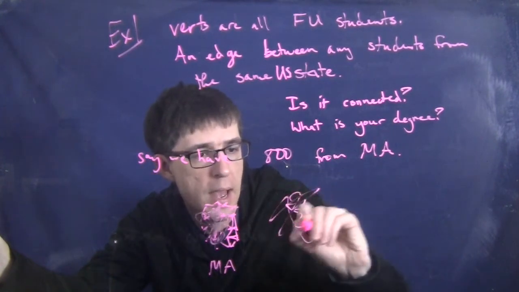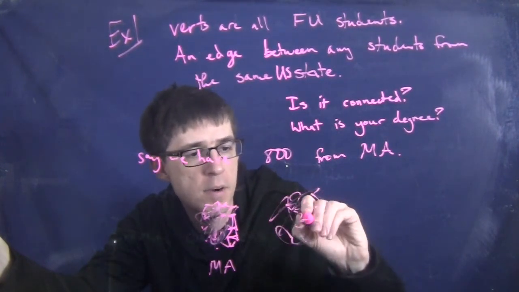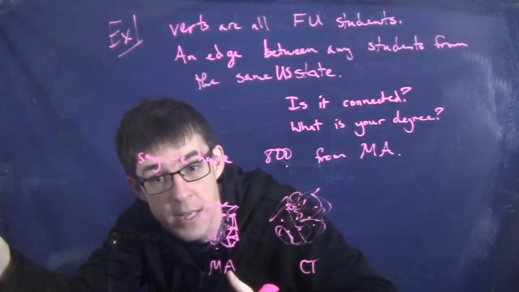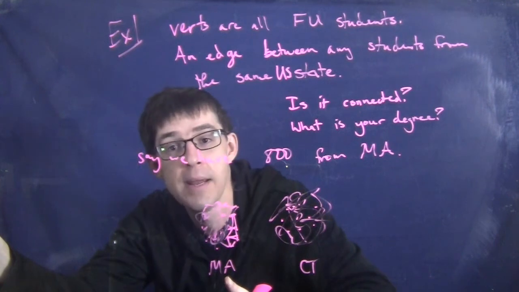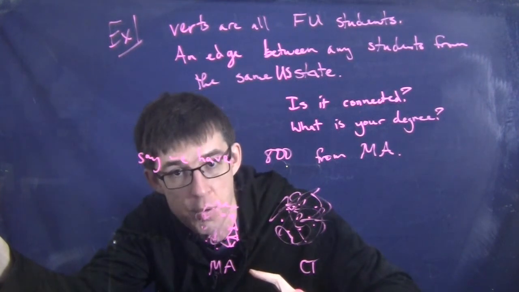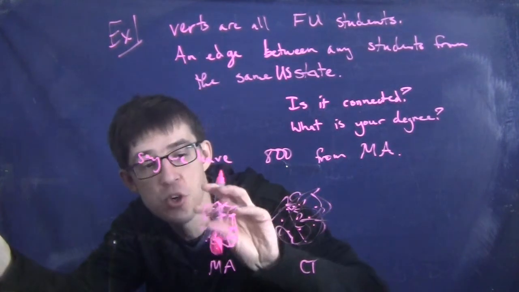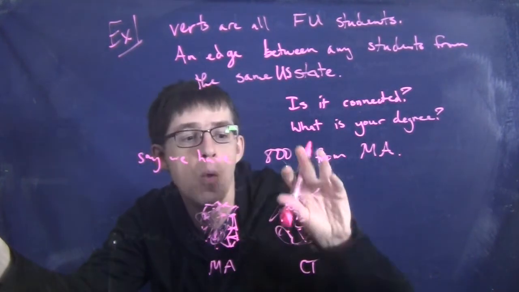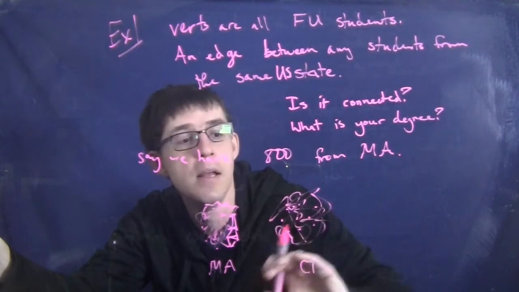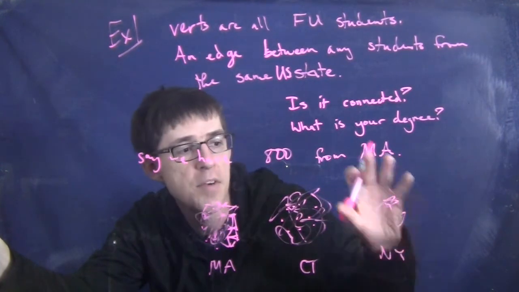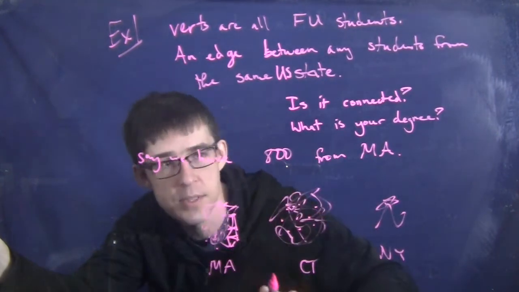They also have a blob of students, and nobody in Massachusetts is connected by an edge to anybody in the Connecticut group. That means this graph is disconnected. It has one chunk of all the people from Massachusetts, one other chunk of all the people from Connecticut, another chunk of people from New York, and every other state. Every state has its own little piece in this graph.